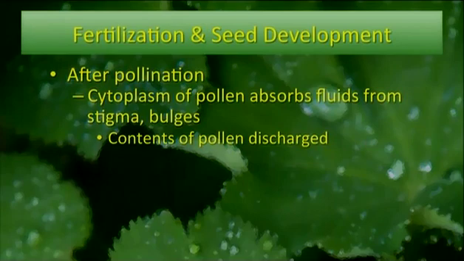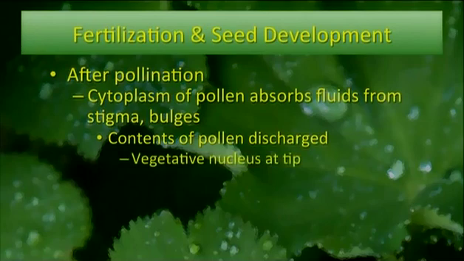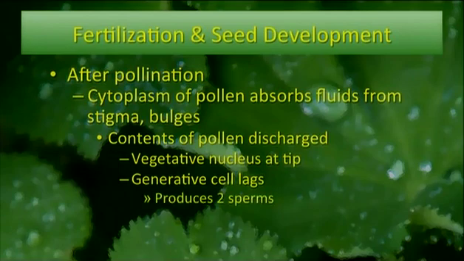So it goes through the micropyle, if conditions are right, and discharges the contents of the pollen, and you have the vegetative nucleus at the tip. The generative cell lags behind, and that's actually going to produce the two sperms.